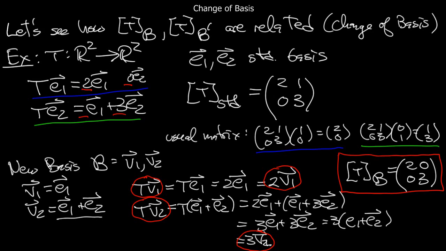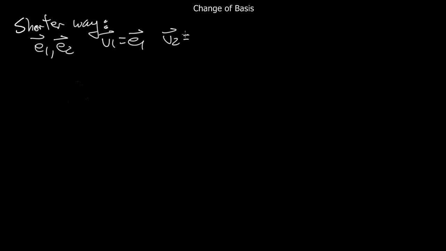Okay. Well, that looked a little complicated, and I'd like to simplify it. So let's find a shortcut for doing this kind of calculation. So I'll remind you I had my E1 and my E2 and my V1 and my V2. And let's see, V2 was E1 plus E2.